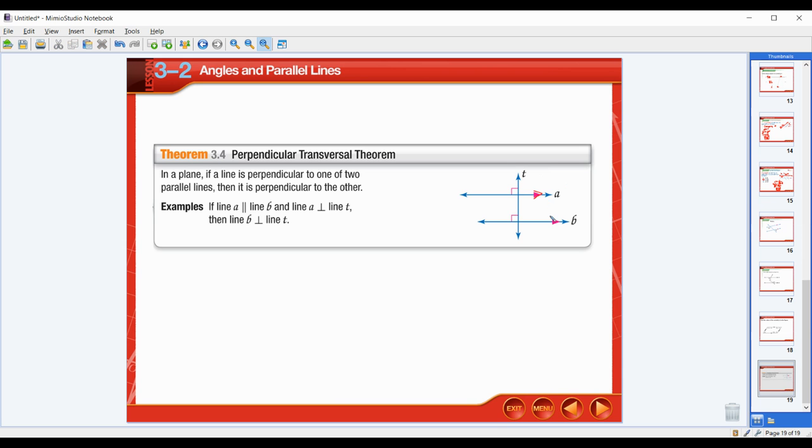Anytime we are given two parallel lines, like line A and line B, and our transversal makes a 90-degree angle, if our transversal is perpendicular to our parallel lines, that's going to create multiple right angles, okay? Just like these are corresponding, well, if one of these is 90, that means both of them are 90. So if A and B are parallel, line A is perpendicular to line T. Line B is also perpendicular to line T.